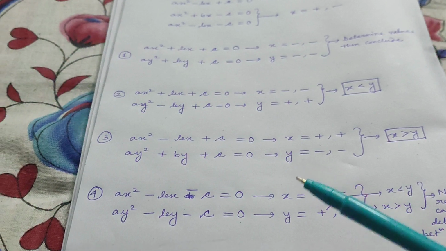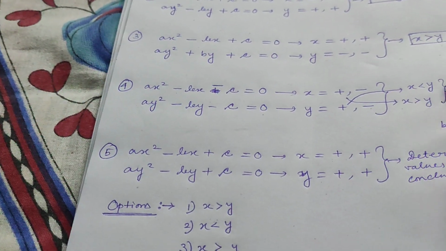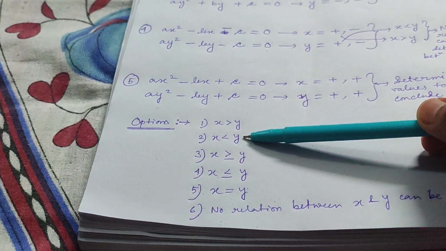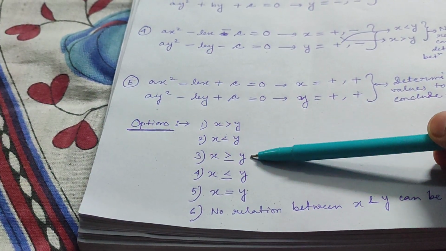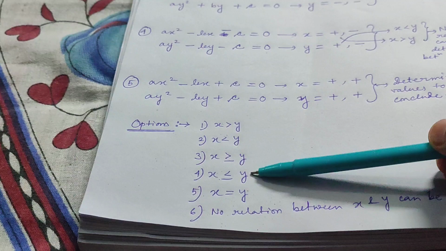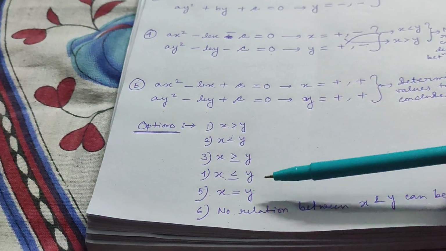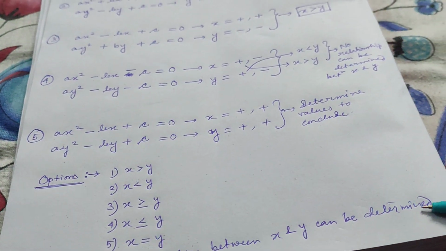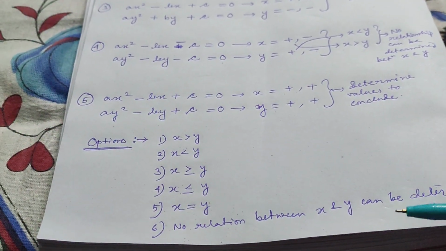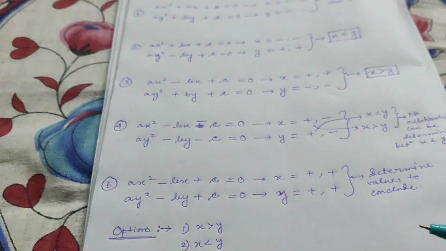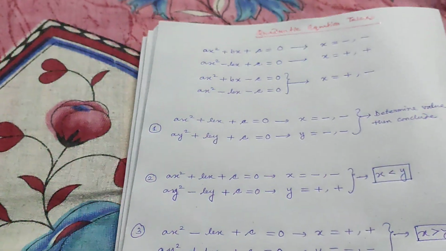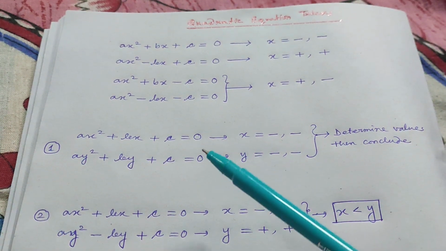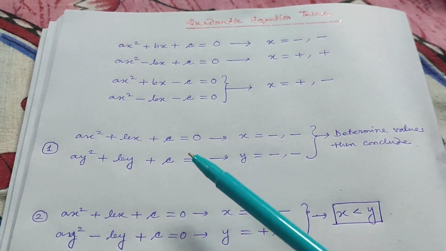There are generally 6 options: x is greater than y, x is less than y, x is greater than or equal to y, x is less than or equal to y, x equal to y, or no relation between x and y can be determined. In some cases we cannot determine the relationship between x and y.